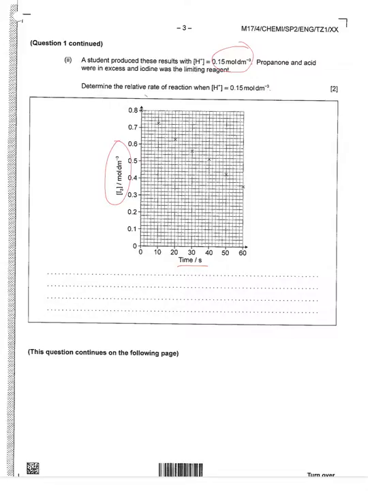I'm just going to go ahead and use the extremes. So my concentration changes from 0.80, and I'm going to estimate my end value to be 0.35. My change in time is 0 to 60, although we don't express rates as a negative.